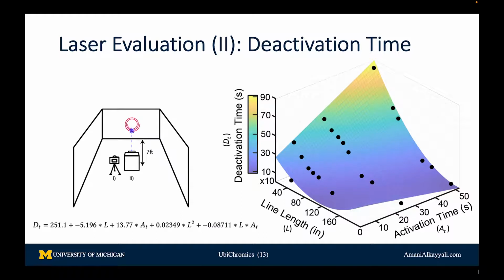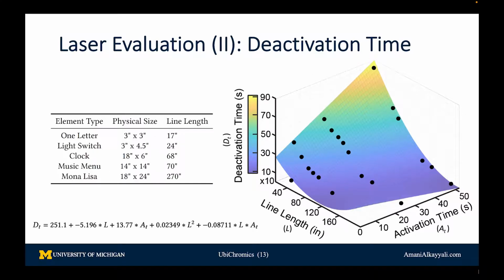So we created an equation for this model, and we compared line length to different characters. In the example of a clock, which is 68 inches, we can estimate the activation time and the deactivation time needed to update the clock every minute.